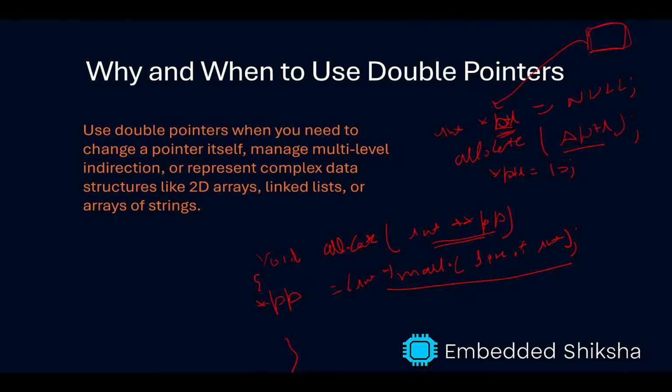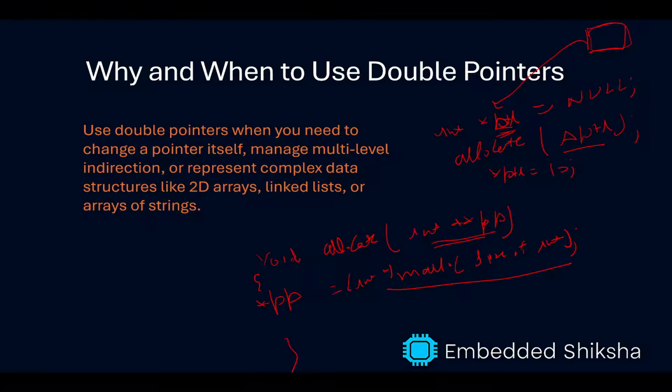The other way, sometimes you will see, is if you want to allocate a two-dimensional array where you are not sure about the number of rows and columns when you are declaring that array. There also you can use a double pointer to create a two-dimensional array. I have seen people asking these questions in many interviews: they will give you the double pointer and ask you to make a 2D array out of it, where the number of rows and columns will be decided at runtime.